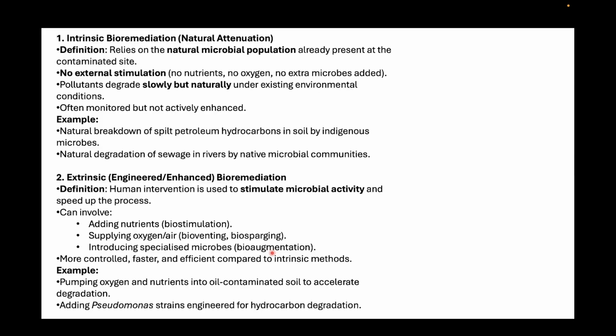So these are methods of extrinsic or engineered bioremediation. This is more controlled, faster and efficient compared to the intrinsic methods. For example, pumping oxygen and nutrients into oil contaminated soil to accelerate its degradation, or adding engineered strains for enhanced petroleum hydrocarbon degradation.